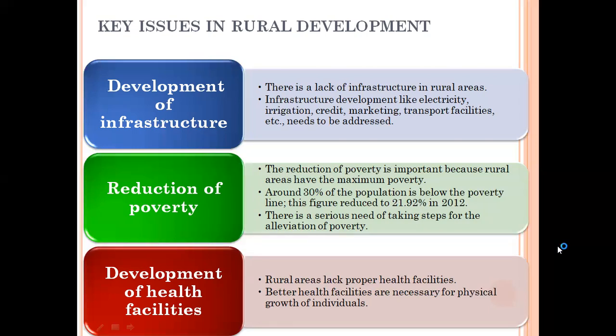Around 30% of the population is below the poverty line, according to some figures of 2012, and there is a serious need to take steps for the alleviation of poverty. So reduction in poverty is another key thing.